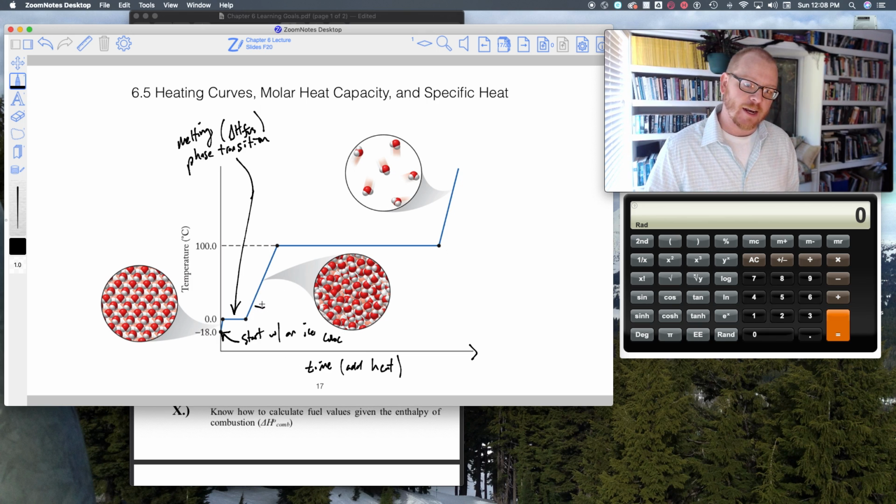Let's see, can I write sideways? So this is now the liquid. And you notice that it shoots up in temperature pretty rapidly, and now hits another plateau at 100 degrees. What's happening there? Well, we'll just say boiling.